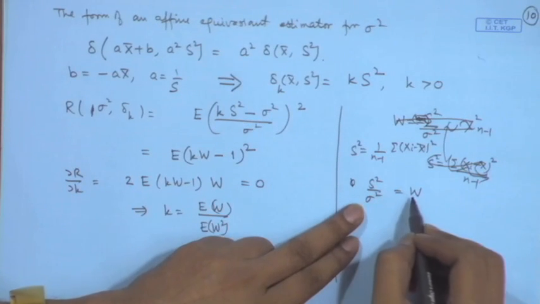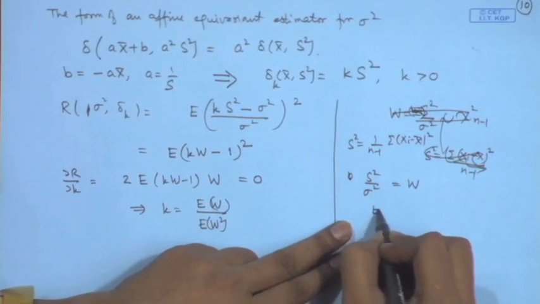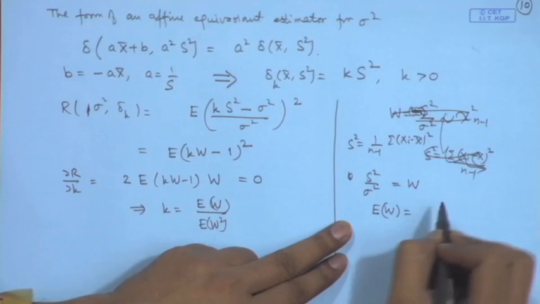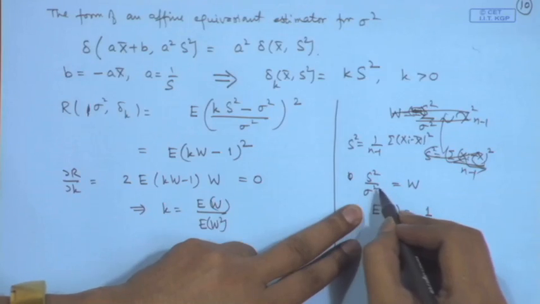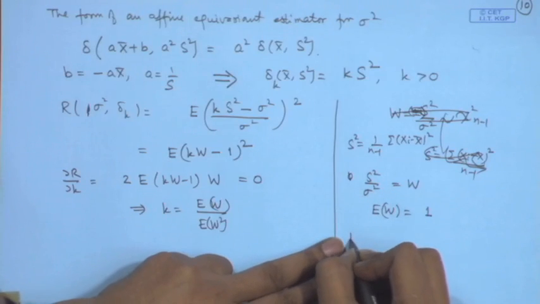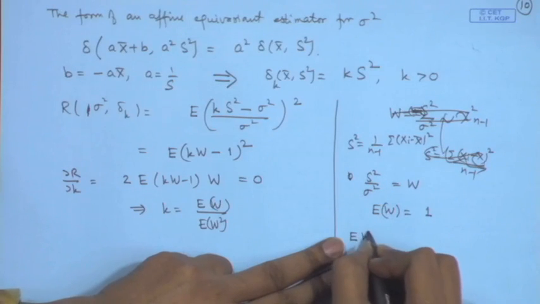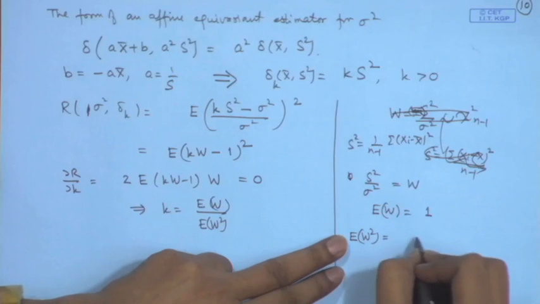Now, let us look at these terms here. Expectation of W is equal to 1, because expectation of S square is equal to sigma square. What is expectation of W square?